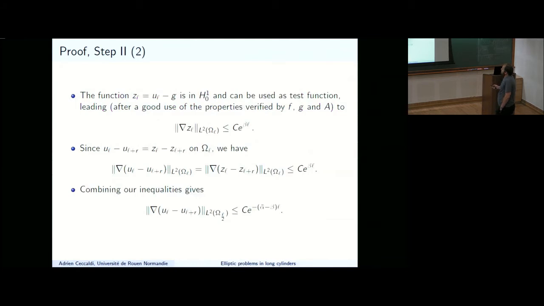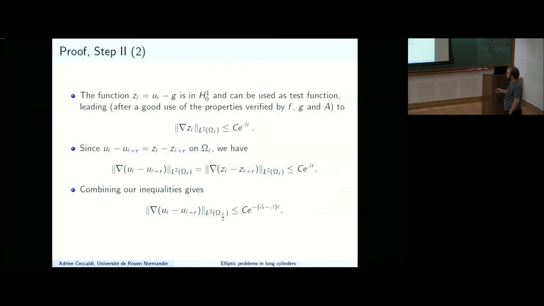To do that, we take ZL, which is UL minus G. We make some use of the property verified by A, F, G, which are the ones on the function sets, so the bounds on the gradients. We use the property of A once again, so we have this one.